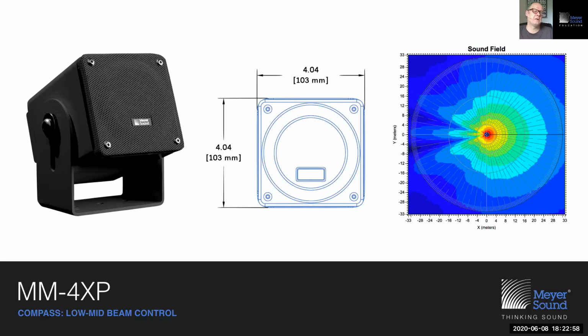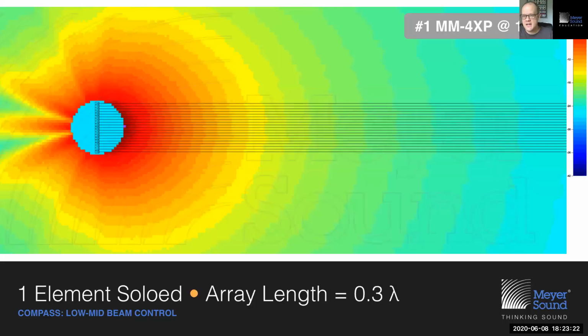It might not be entirely omnidirectional anymore, but it's still well over hemispherical. So it's all about proportions. You always have to think in terms of what is the size of my source with respect to the wavelengths that it's reproducing. And even at 1 kilohertz, this small loudspeaker is still 3 times smaller than a 1 kilohertz wavelength. So let's look at the section view.